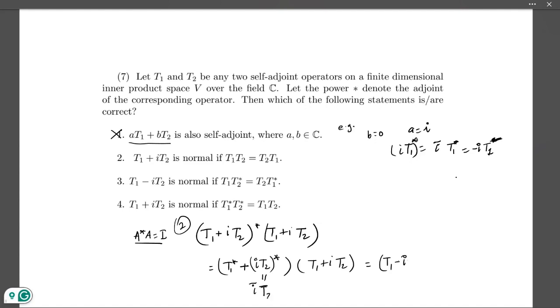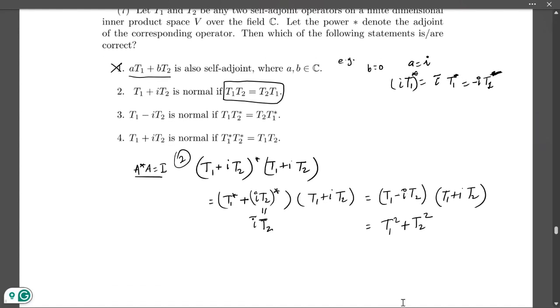T2 star is T2, but I bar is minus I. That is why I'm writing minus I T2, T1 plus I T2. Now, if you use this relation that T1 and T2 commute, then this will be T1 square minus T2 square, right? No, minus I square will become plus 1. T1 square plus T2 square.